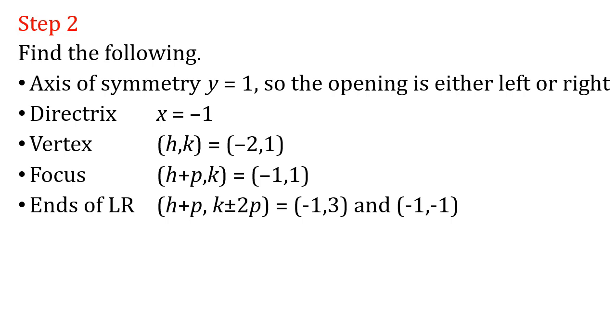So as you can see, the x coordinates here are both negative 1. And then k plus 2p and k minus 2p. So k is 1. So 2p is 2. 1 plus 2 is 3. And then k, 1, 2p is again 2. So 1 minus 2 is negative 1. That's why we got negative 1, 3 and negative 1, negative 1.